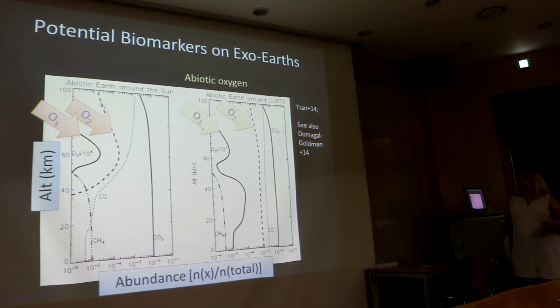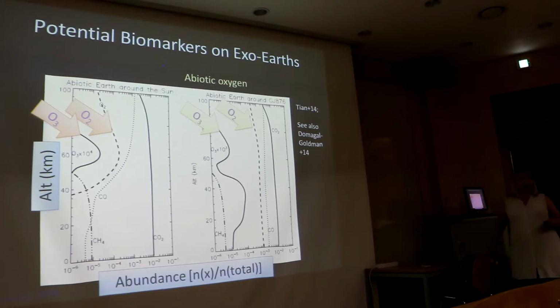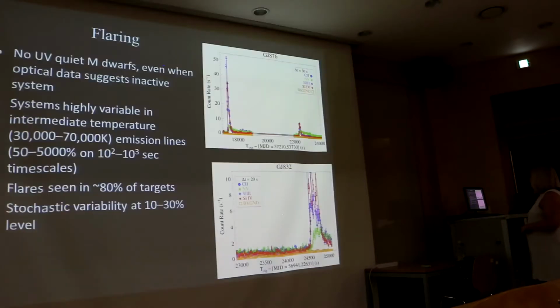So this means that when instruments go to look for signatures of life, they have to be very careful to understand whether the star that they're looking at would cause there to be these features in the planet's atmosphere that don't need life in order for them to form.